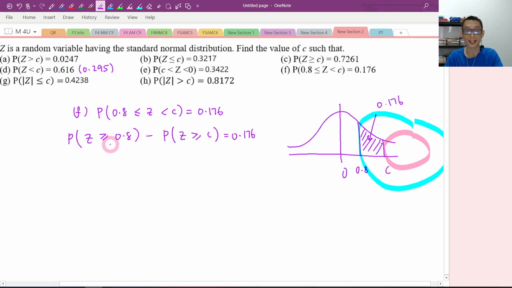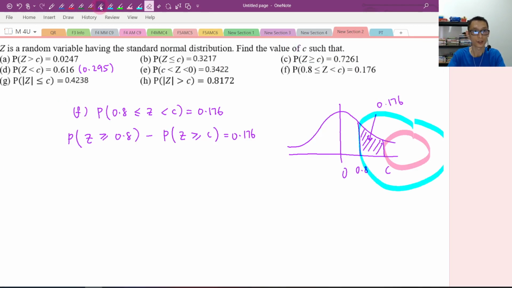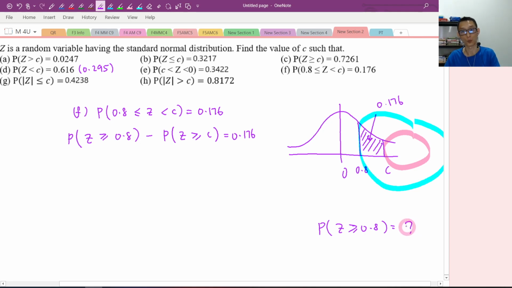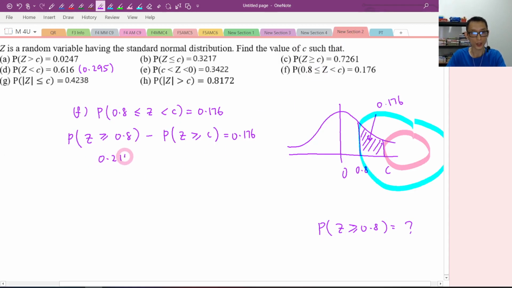Okay, this one we can get from the table. For 0.8, so as not to get confused, we start from outside. Because now we are looking for the probability for Z greater than or equal to 0.8, which is equal to what? We want to find the value for outside, right? So start from outside, 0.8, which is over here. 0.2119.